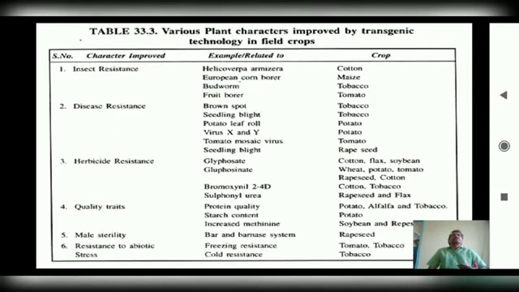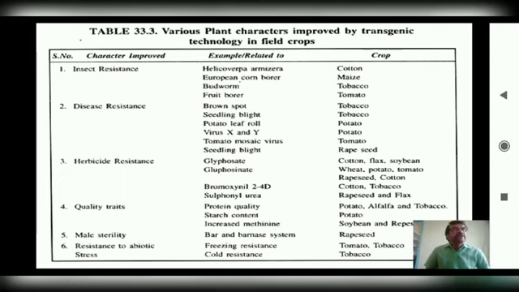So this chart speaks about the characters that have been improved in certain crop species. If you look into the chart, you will come to know the crops, their characters that has been improved, and you can find these crops showing resistance to insects.